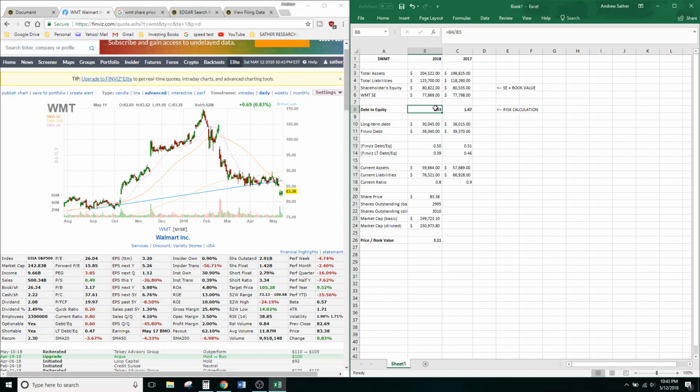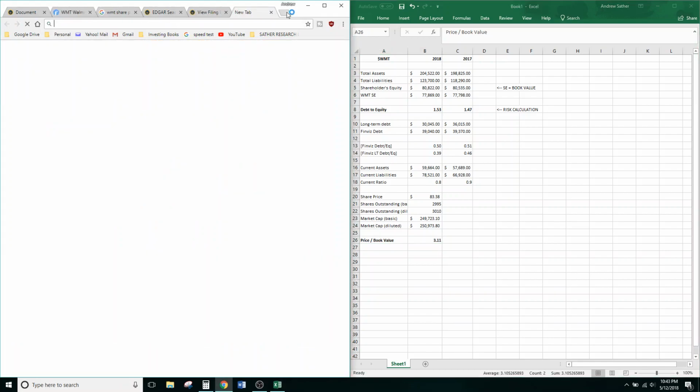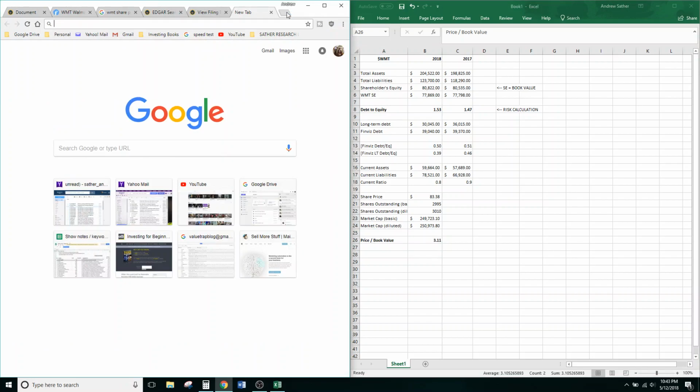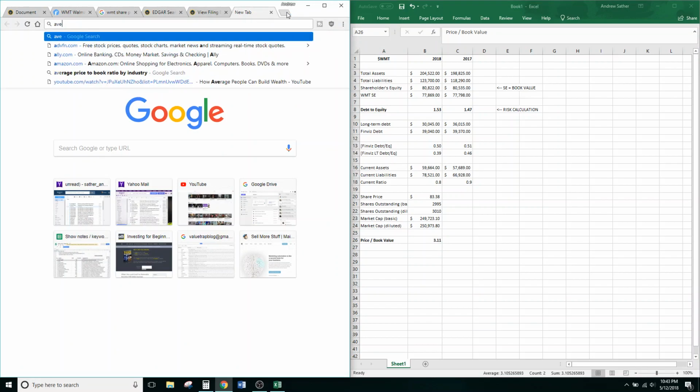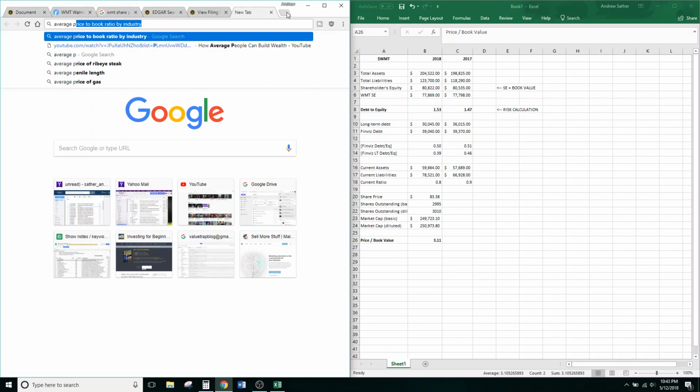The average is 1, so it's a little bit higher leverage company than the average. So it tells us that picture, and then it also tells us how expensive it is in the market compared to how many assets you're getting. I believe the average PB, price to book ratio, let's find out because I can't remember. But it's around there.